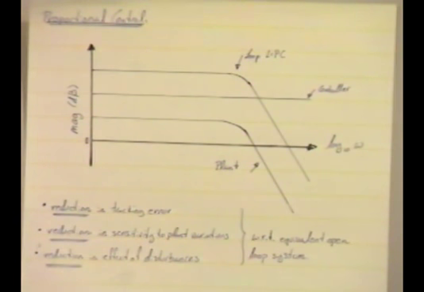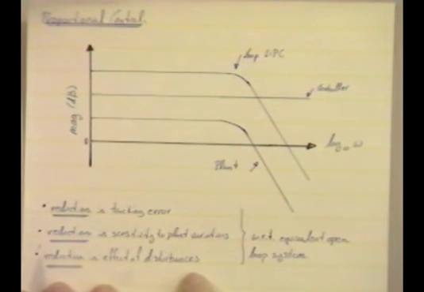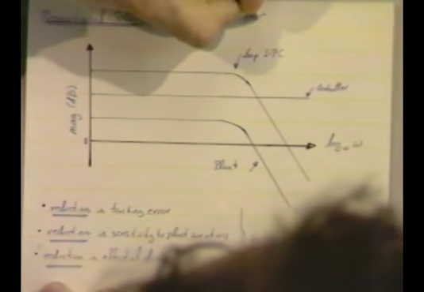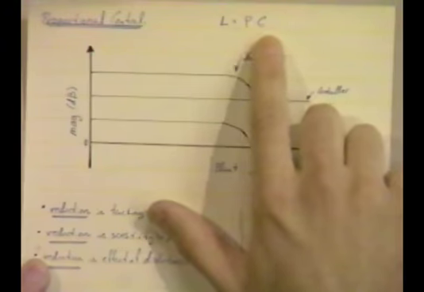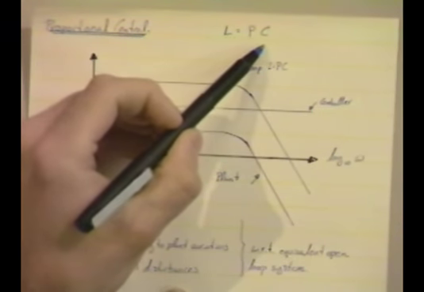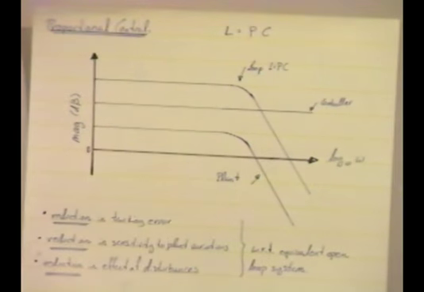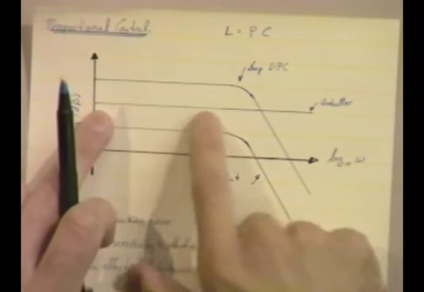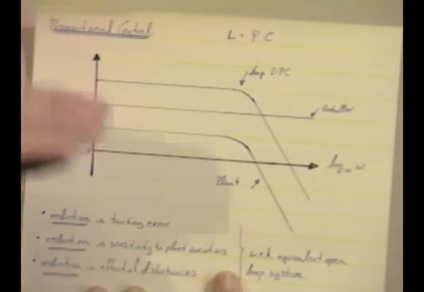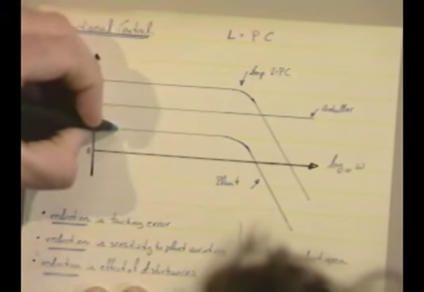So the way proportional feedback does that for you is, if you recall the loop gain, which is given by the product of the plant transfer function and the controller, which for the proportional case was just a gain here, the effect of the controller is simply to slide the loop gain up.